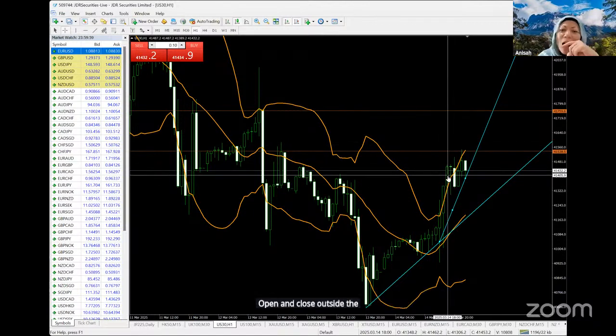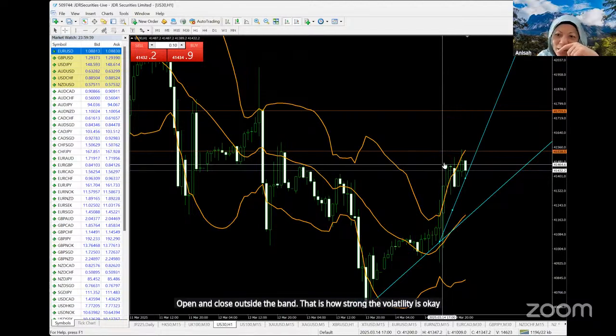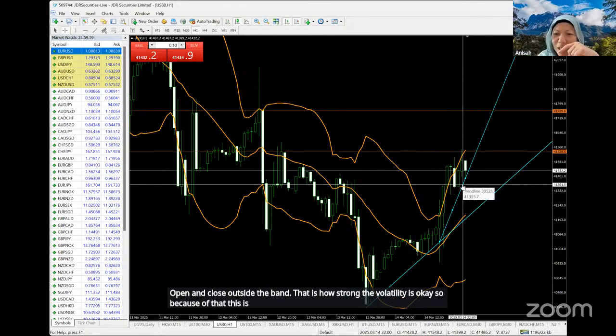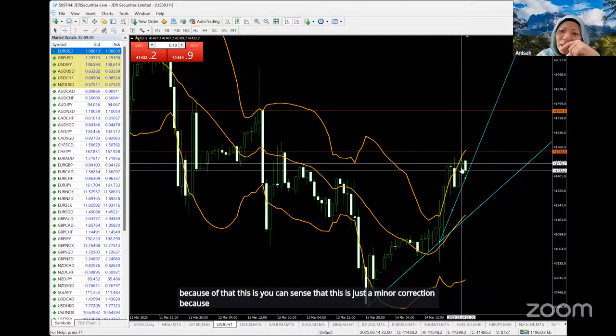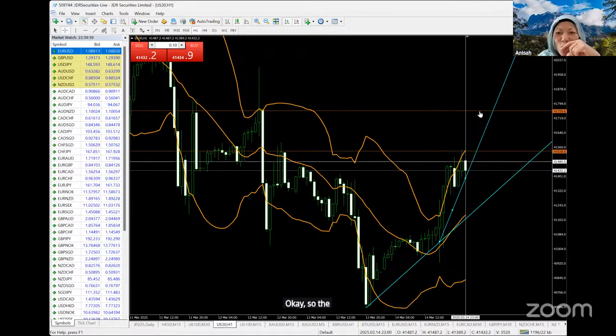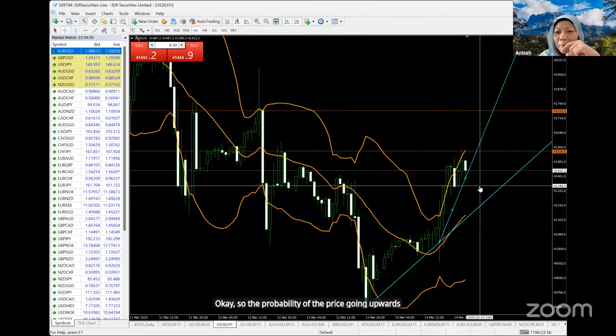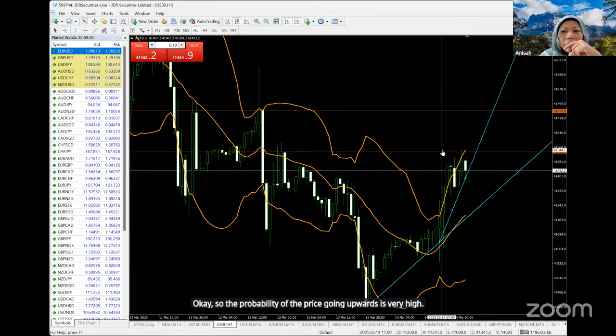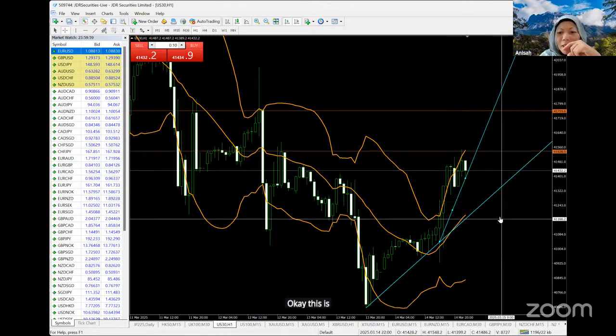That is how strong the volatility is. So you can sense this is just a minor correction, because they still linger with the upper band line here. The probability of the price going upwards is very high. This is just a minor retracement.